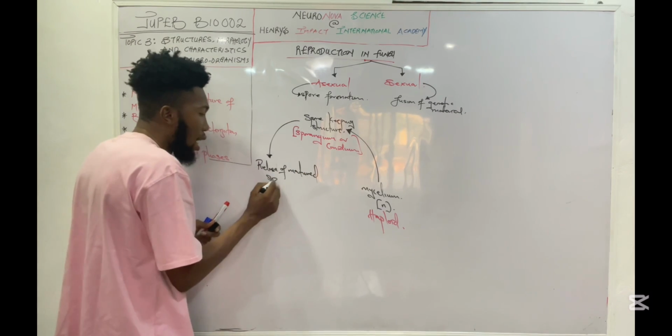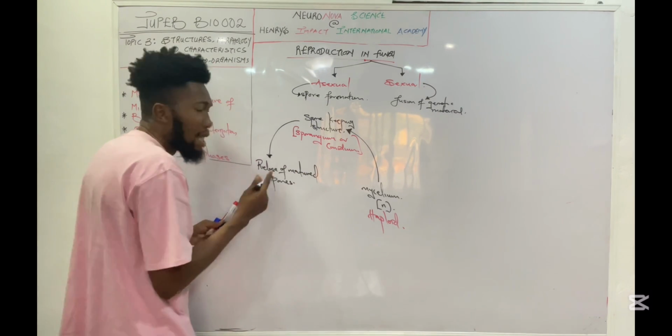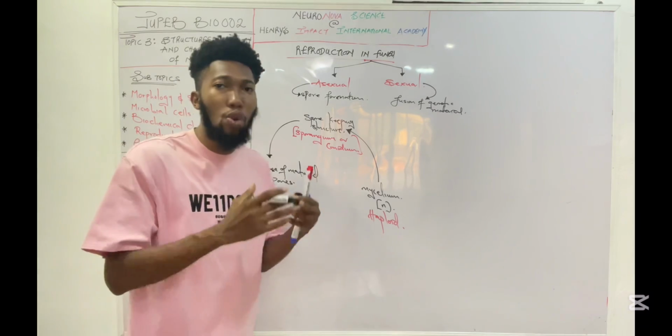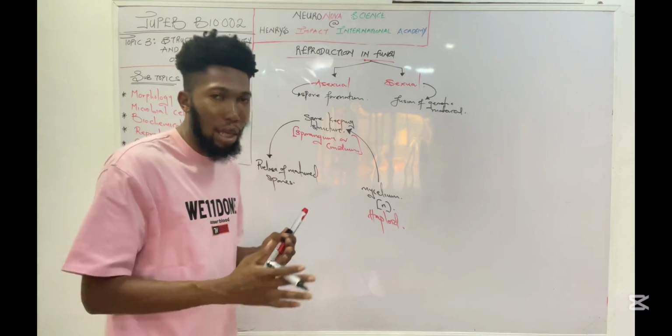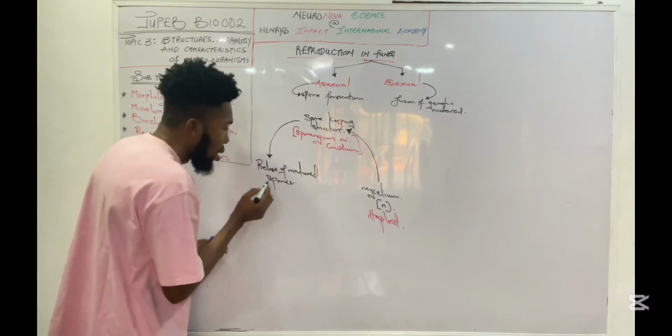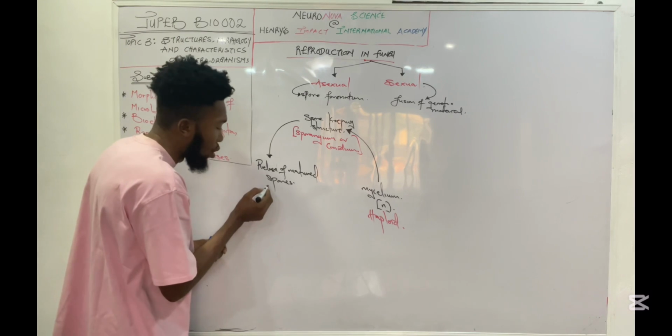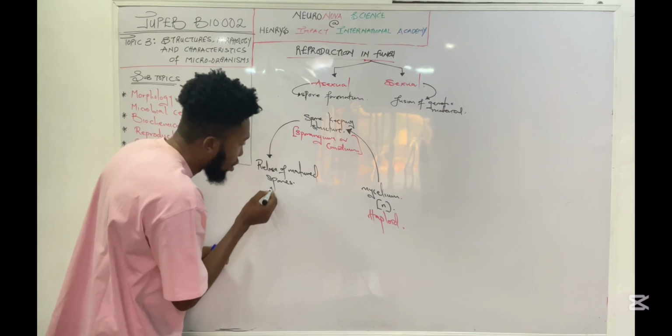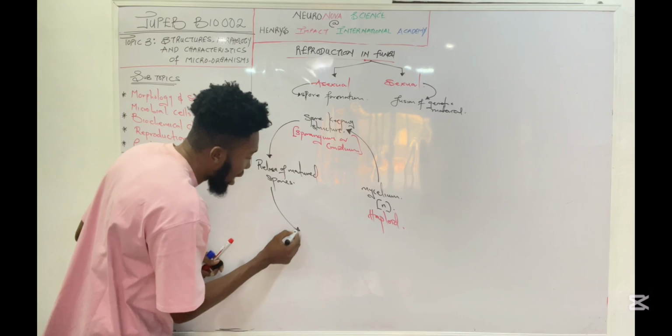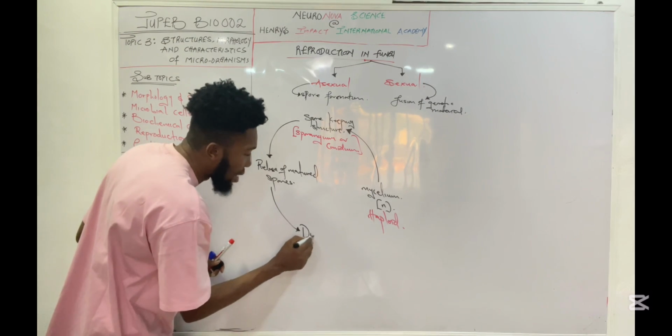When these matured spores are released, they get dispersed either through air, water, wind, animals, or an explosive mechanism, as the case may be. So here we have the release of mature spores. Then the final thing is the dispersal.